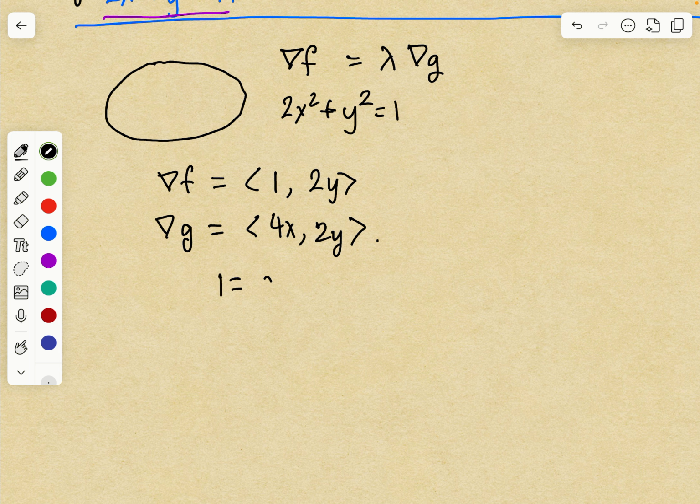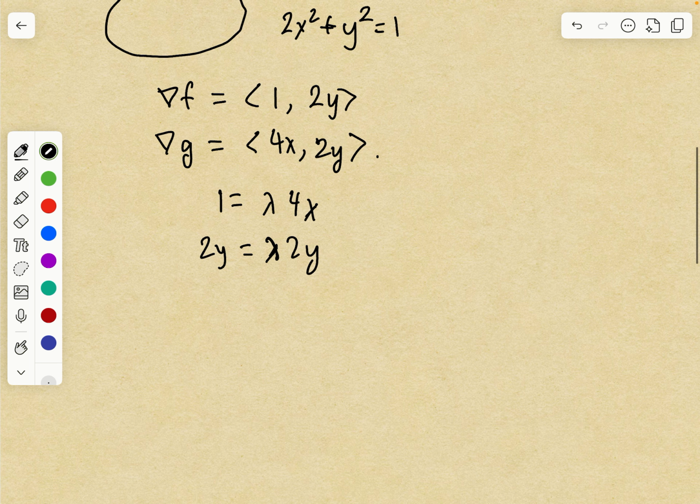You get 1 equals lambda times 4x, and 2y equals lambda times 2y. Now you also know that 2x squared plus y squared equals 1. So these are the equations you have to work with, and you have to solve for x and y.